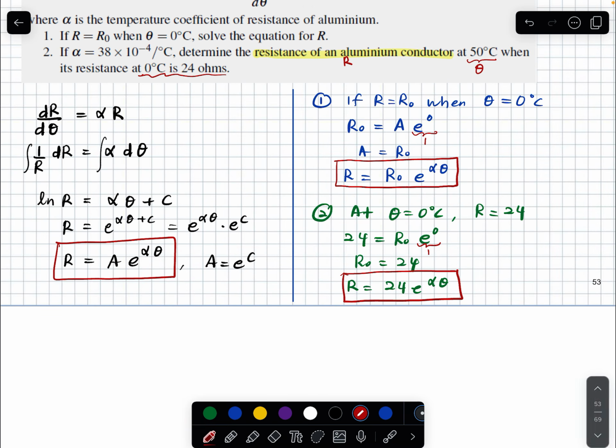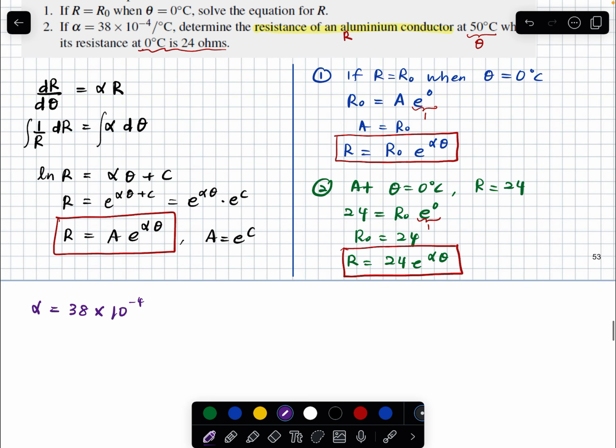Okay, back to question 2. If alpha is given as 38 times 10 to the power of minus 4, determine the resistance. What is the resistance when theta equals 50 degrees Celsius?